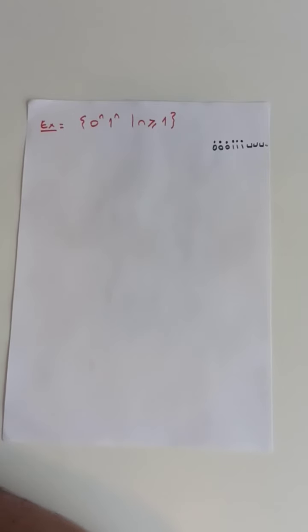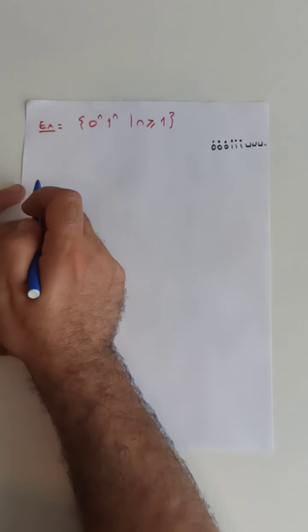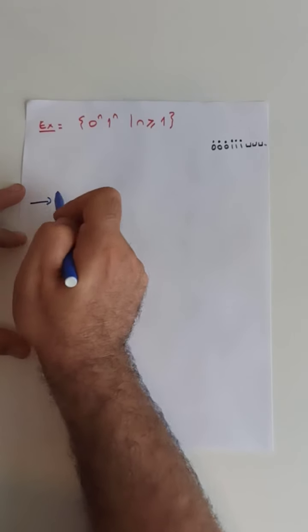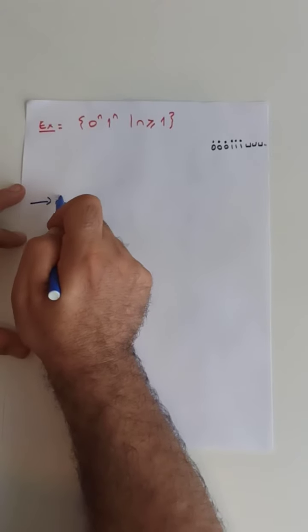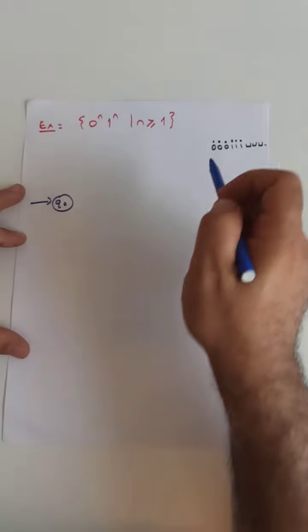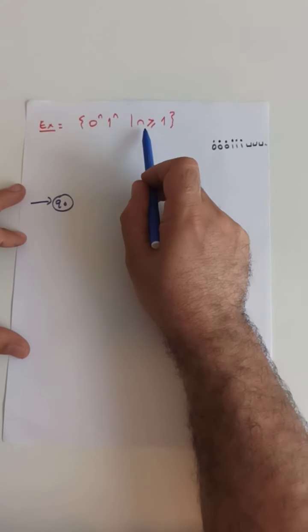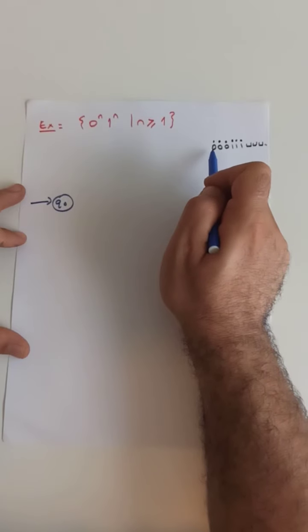To formalize this idea, we will try to give the state transition diagram of our Turing machine. Our initial state is q0, the starting state. At the starting state, since n is greater than or equal to 1, we expect at least one 0.